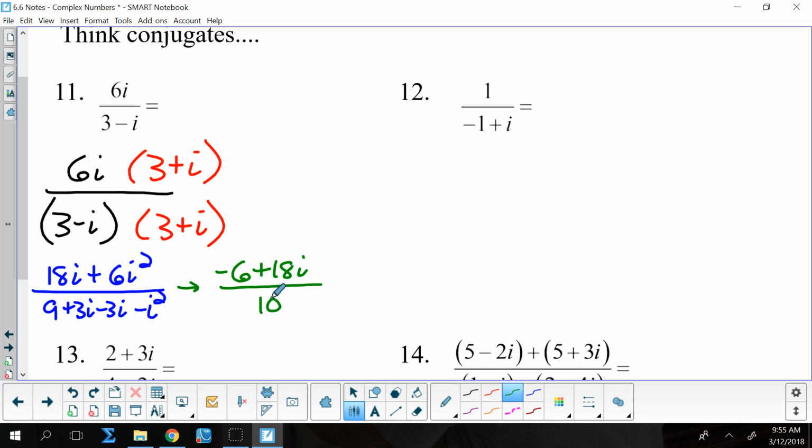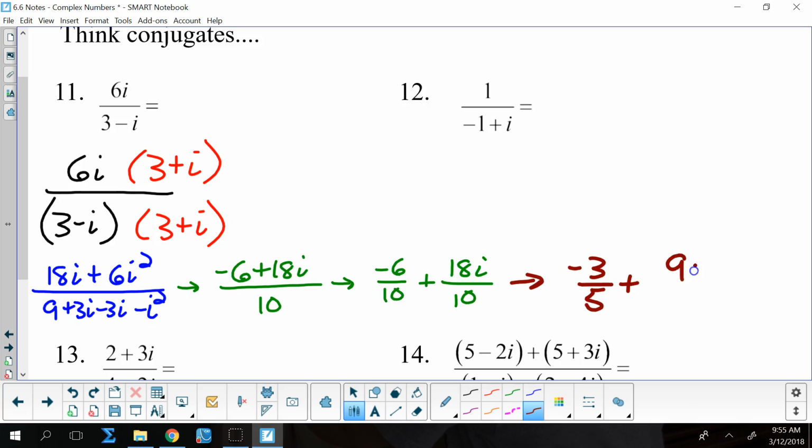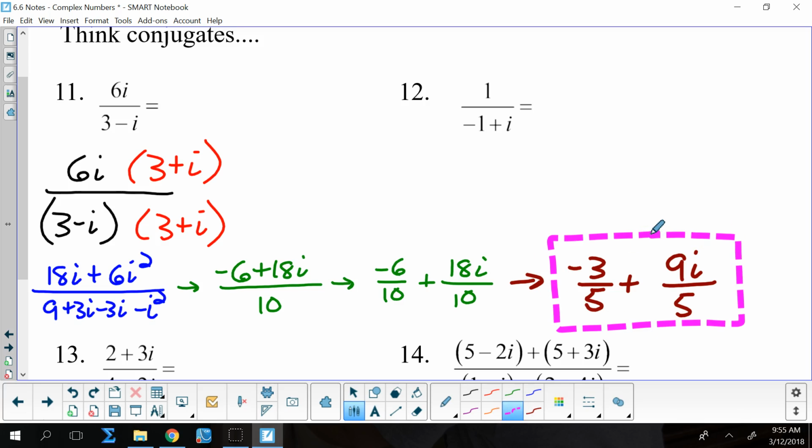Which then written in complex form would become negative 6 over 10 plus 18i over 10. And then I would reduce those to be negative 3/5 plus 9i over 5. And that then is my complex form. I split it up into the real part and the imaginary part.